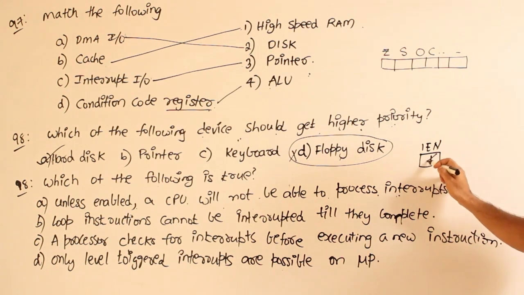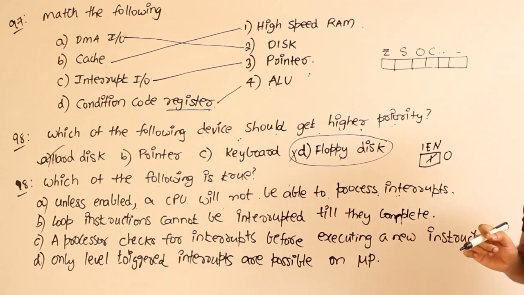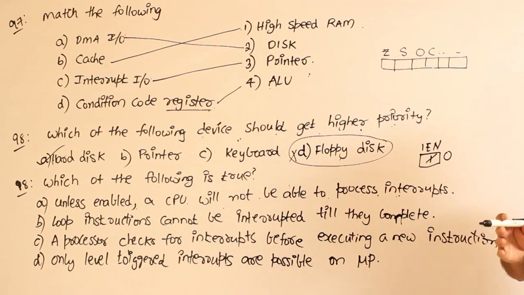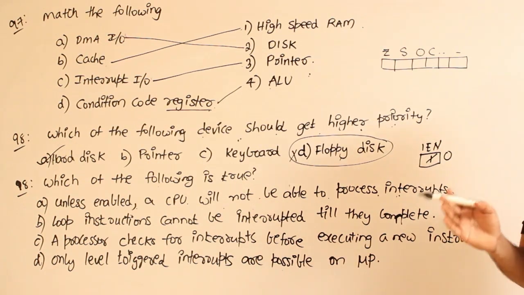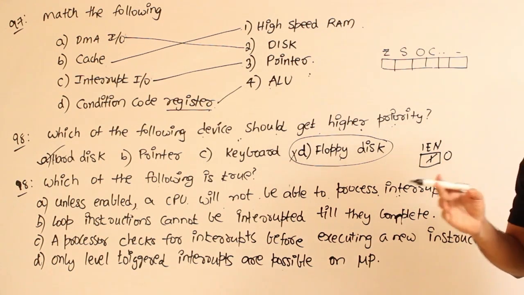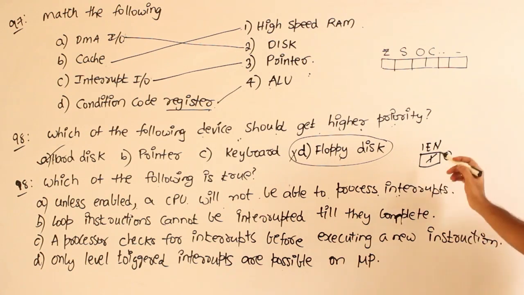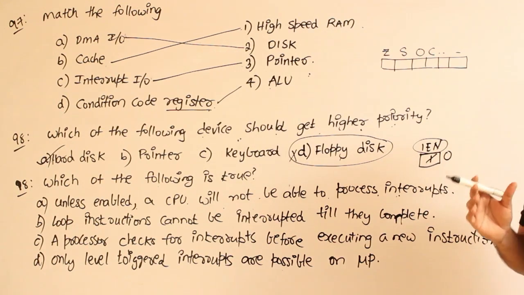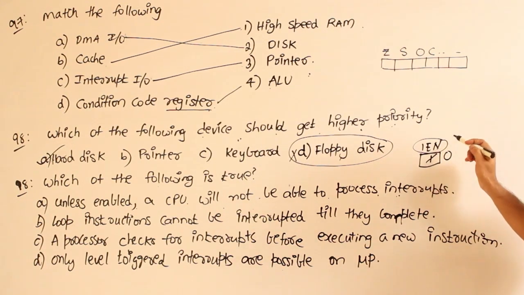In case this one is 0, even if there is an interrupt, we will never look at it and we will never enter into the interrupt cycle. We finish the execution of an instruction and get into the execution of the next instruction without getting into the interrupt cycle and interrupt service routines at all. Every computer will have such a flag. The name may be different, but there will definitely be such a flag, and we will have some instructions.